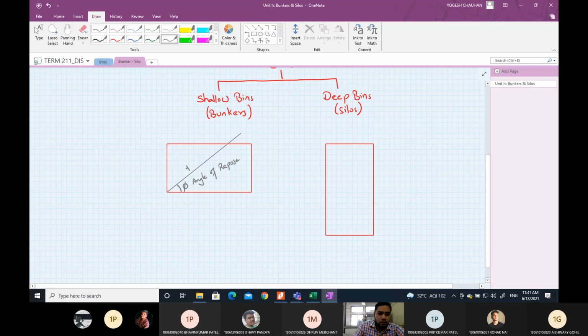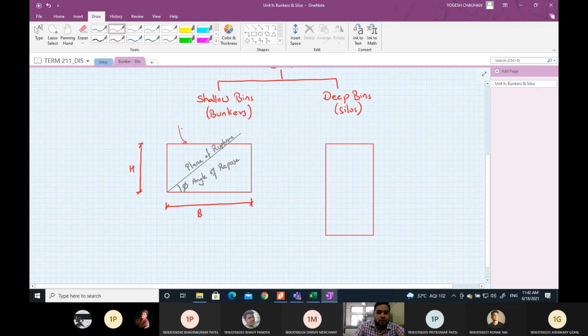And this is the plane of rupture. Then in case of bunker, let us say this is height H, and this is width B. So in case of this bunker, the plane of the rupture crosses the surface of the material.